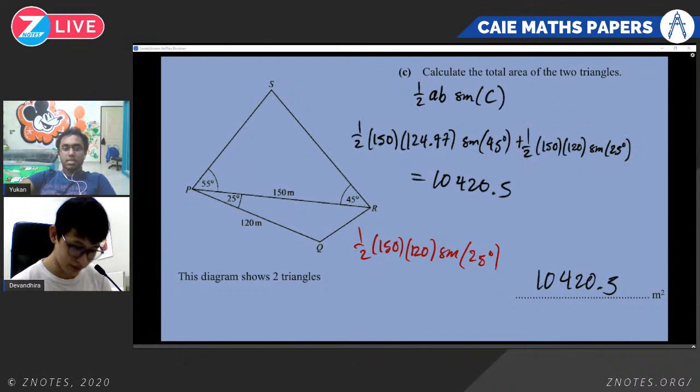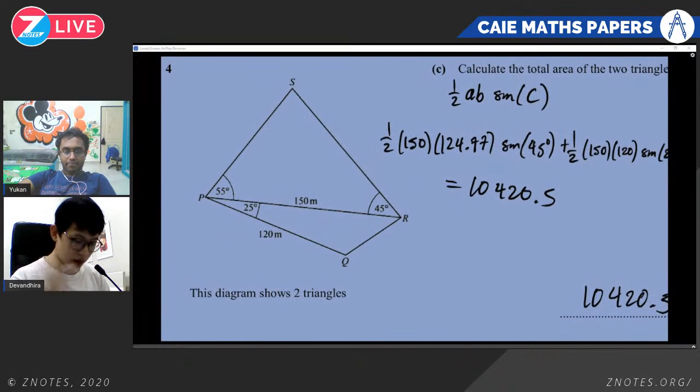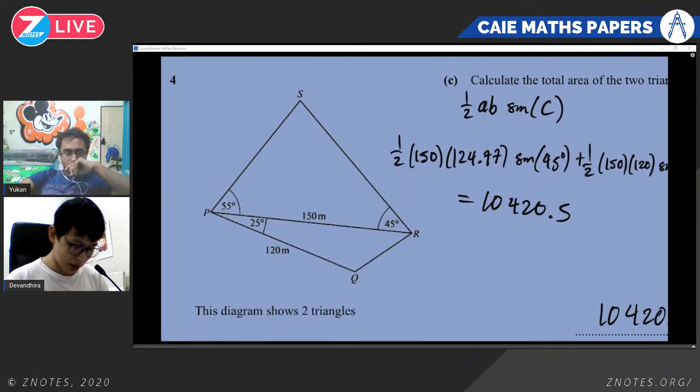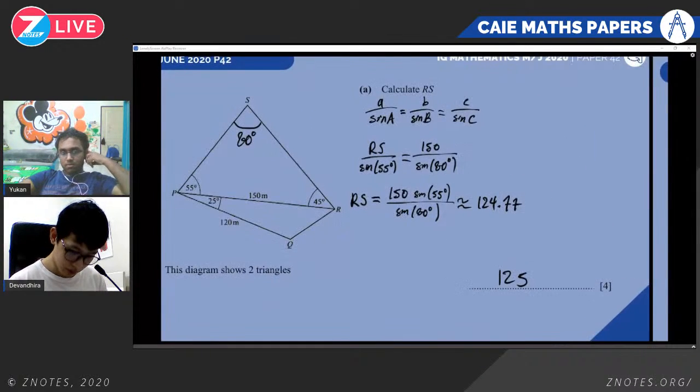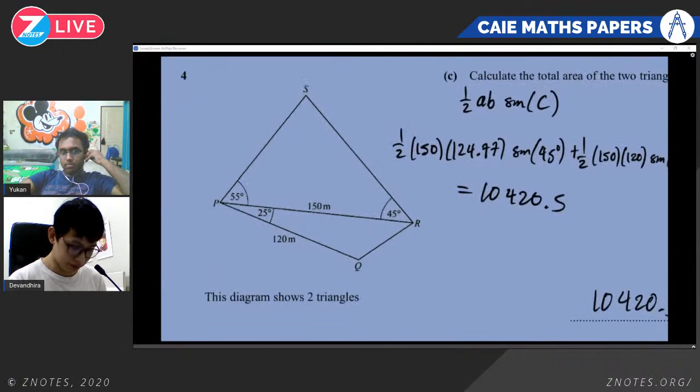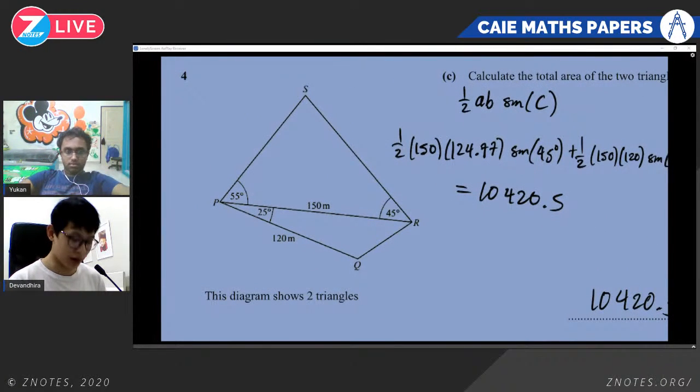We should do the same thing for the other triangle, the bigger one. We know that this side, which we just found in the previous question, is 124.77. So you just do the same thing with that triangle.